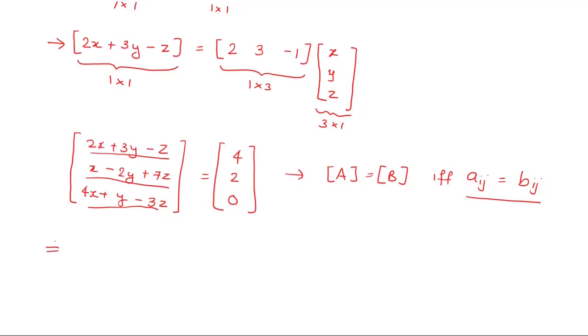Okay, so we can alternatively write this as row vectors of coefficients for each equation, 2, 3, minus 1. This is the first row vector. Second row vector would be 1, minus 2, 7. And the third one is 4, 1, minus 3.